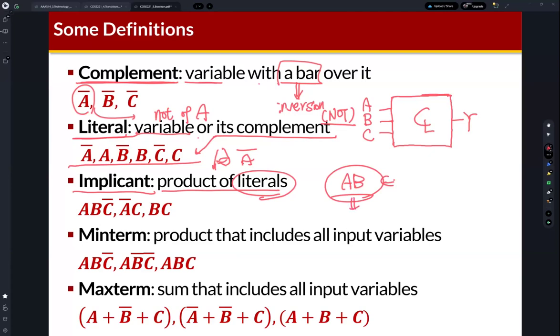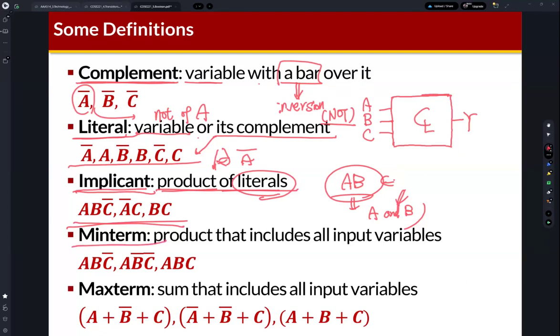Actually this is A AND B, but when we learned about the basic logic gates, we learned that we can represent the AND gate like multiplication, like a product. So implicant represents a product of literals. This is an example of an implicant.